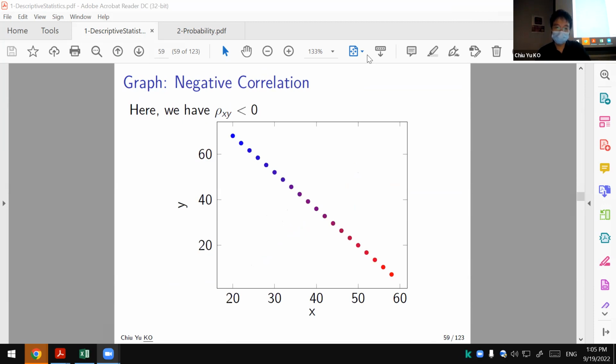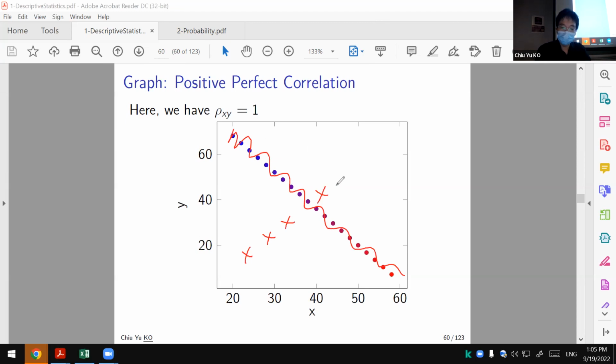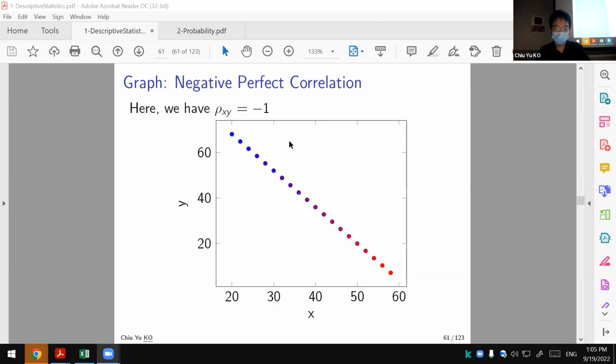This is also correct, but for negative, usually you have some more other points as well. It's also allowed. This graph is correct. Positive one should not be this. Sorry for the diagram. Positive should be something like this, with the line there. For this one, this is correct.